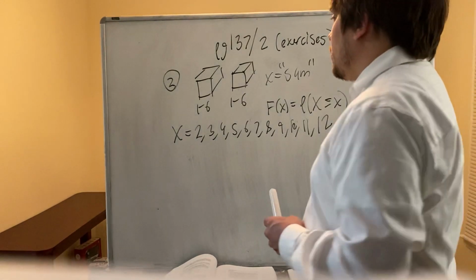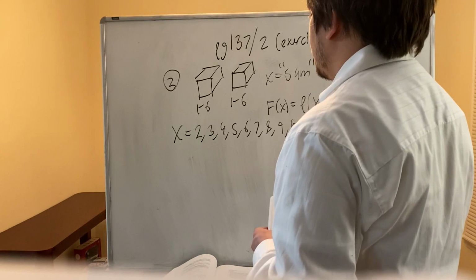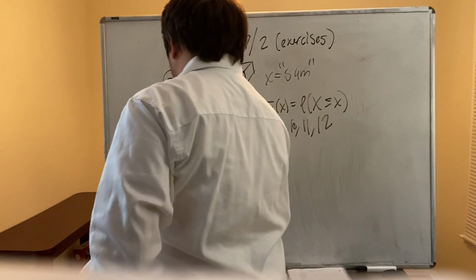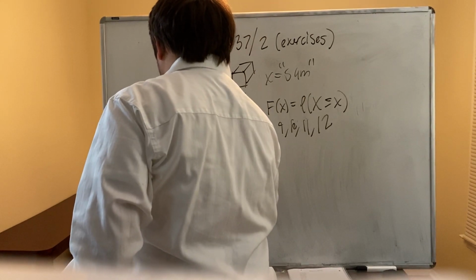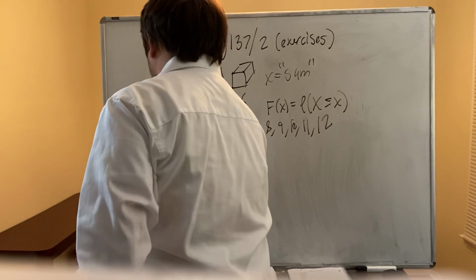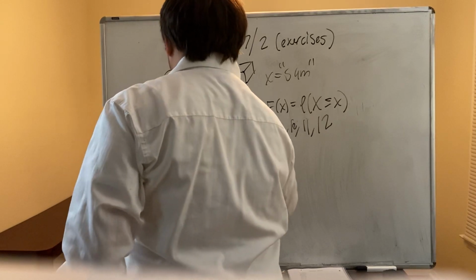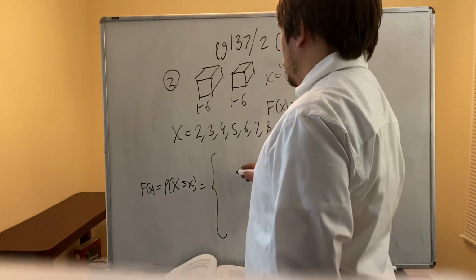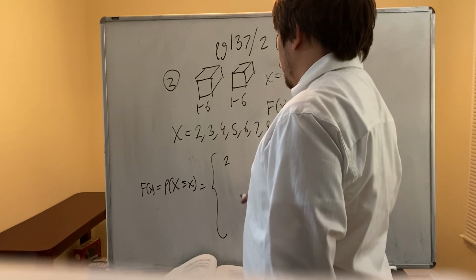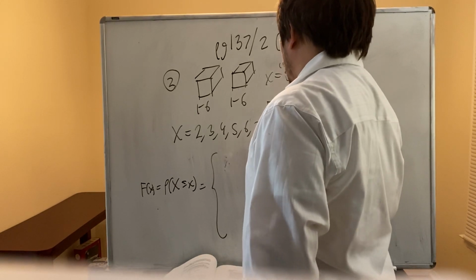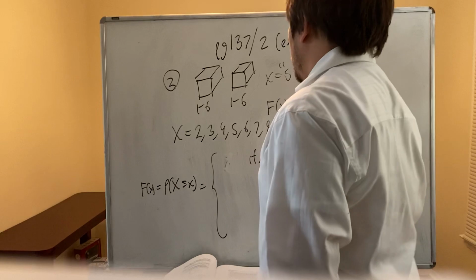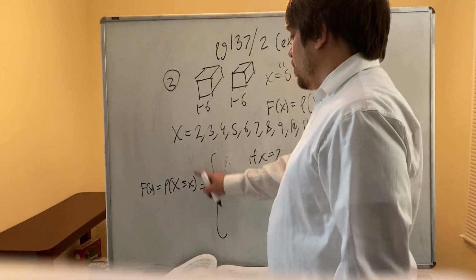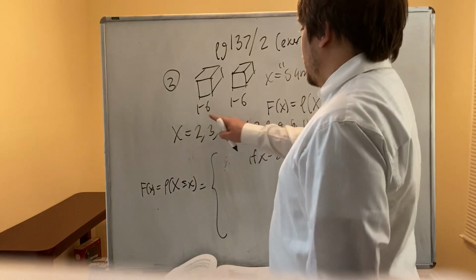Okay, so the probability that capital X is at most little x, which is capital F of little x, is equal to, well, if little x is equal to 2, then the probability that capital X is at most 2 can only happen if you roll a 1 and a 1.